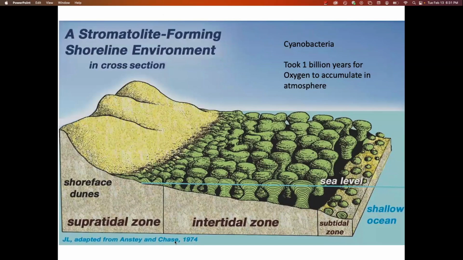The continents were not nearly as large as they are today. Here you can see where the land sort of meets the sea. And out in this, you would have had these colonies of bacteria called stromatolites. And these basically are these kind of mushroom-shaped domes that were common right out here in the shallow seas in 1 to 2, 3 feet of water.